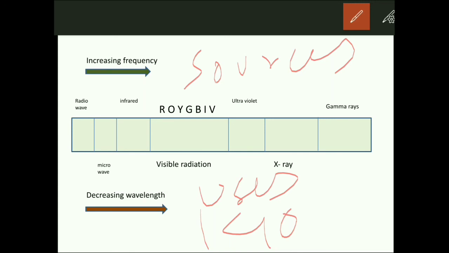That is one use. And X-ray, the source of X-ray: it is obtained when a heavy metal is struck by highly energized electrons. When highly energized electrons strike a heavy metal, inclined at a certain angle, then certain radiation will be emitted.